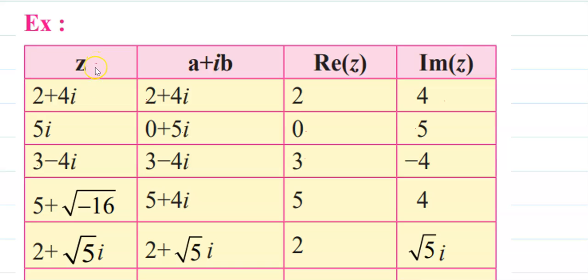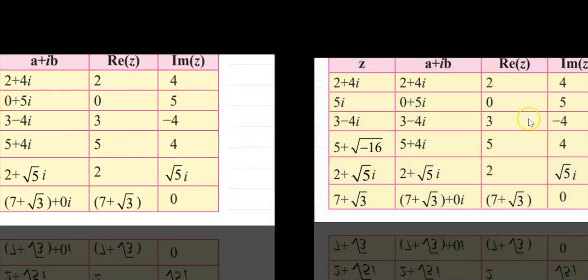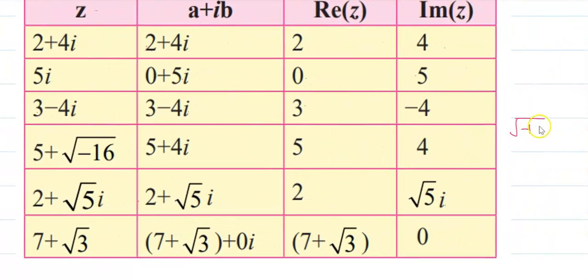Next, z is equal to 5 plus root of minus 16. तुम्ही म्हणाल की इथे कॉम्प्लेक्स नंबर नाही आहे. But we can write this as, okay, root of minus 16. See this here. Root of minus 16 means what? Here, root of 16 into minus 1. Okay.